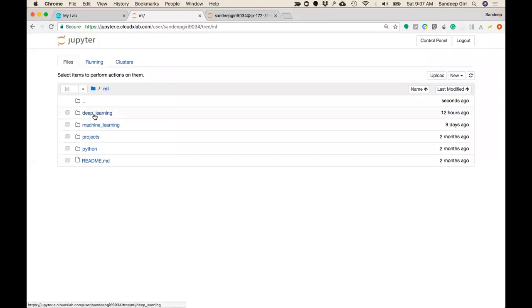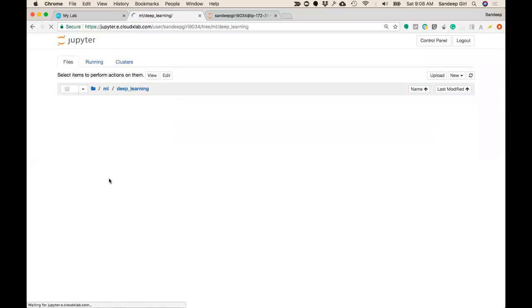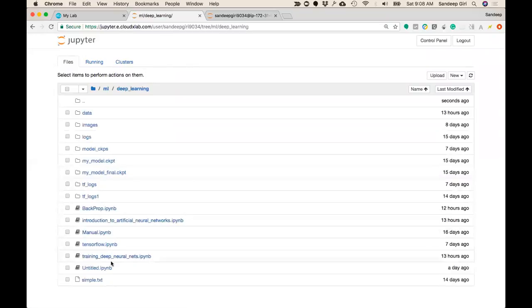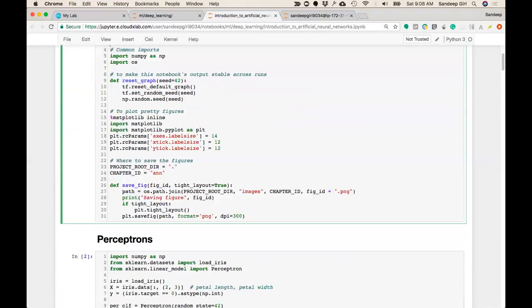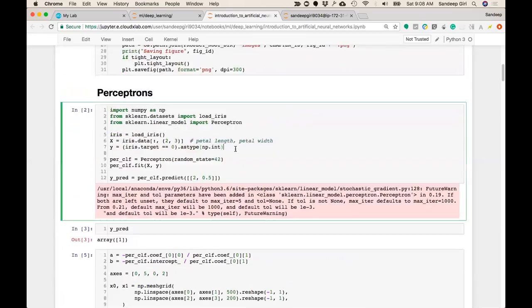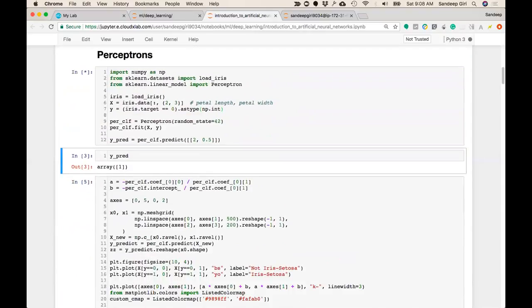Now inside deep learning, we have the introduction to ANN. Anyway, this we have to run. This is the perceptron model that we discussed.